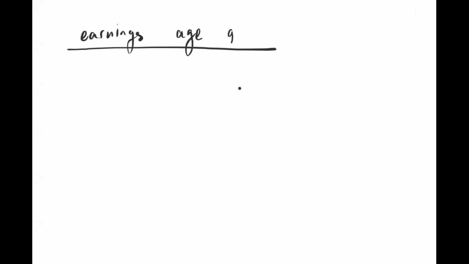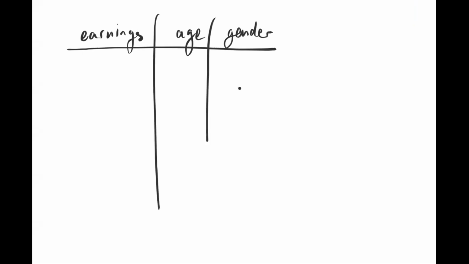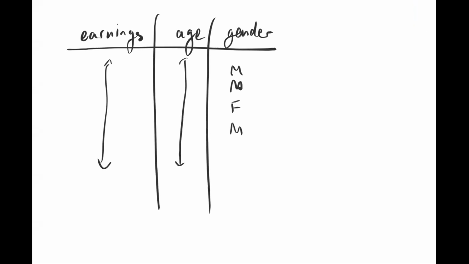So one way to think about this: if I were to write out the table, we have something that looks like this. Earnings, and then perhaps we have age and gender. You'll have a bunch of values here and a bunch of values here, and then male, female, something like this.